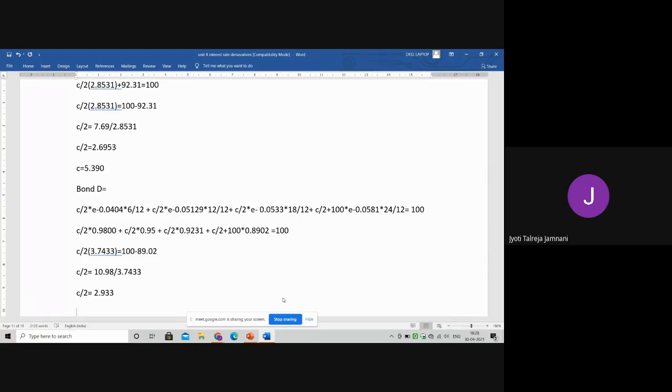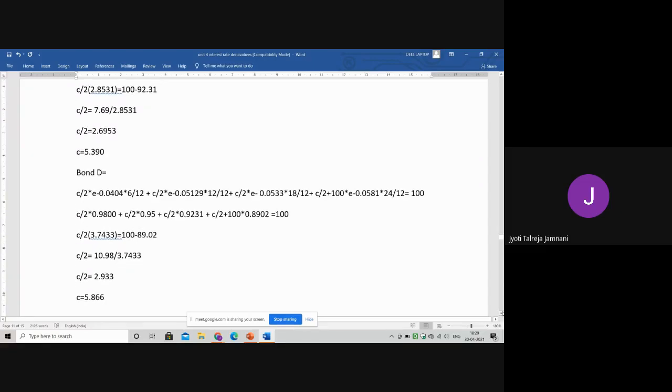If we take 2 this side, C will be equal to 2.933 into 2, which is 5.86. So this is the C value. Okay, so this is for bond D.